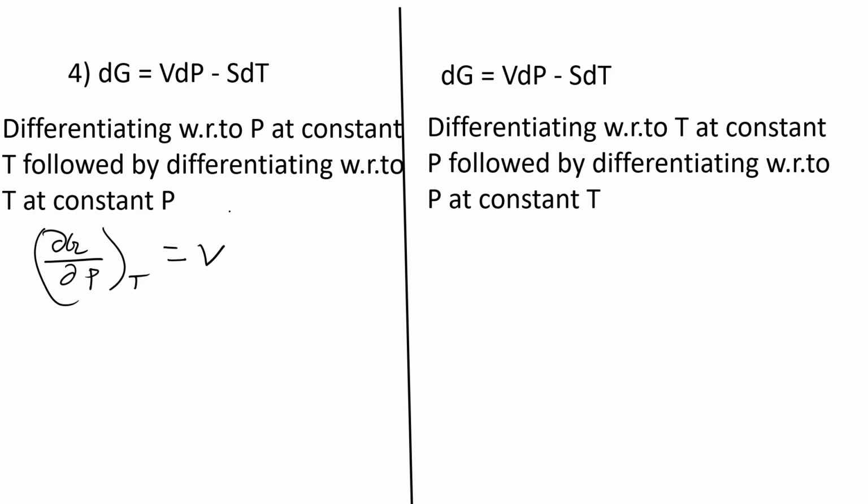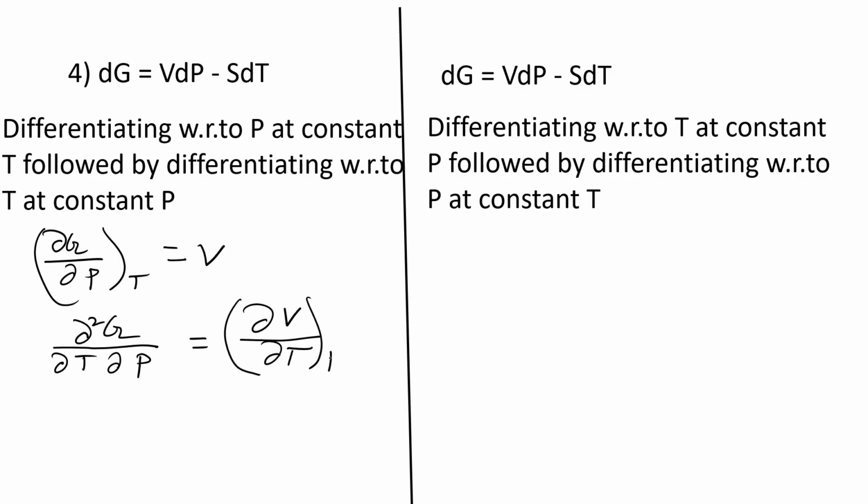And constant temperature means dT is equal to 0. Now once again in the reverse way, that is differentiation with respect to temperature at constant pressure. So ∂²G/∂T∂P is equal to ∂V/∂T at constant pressure.